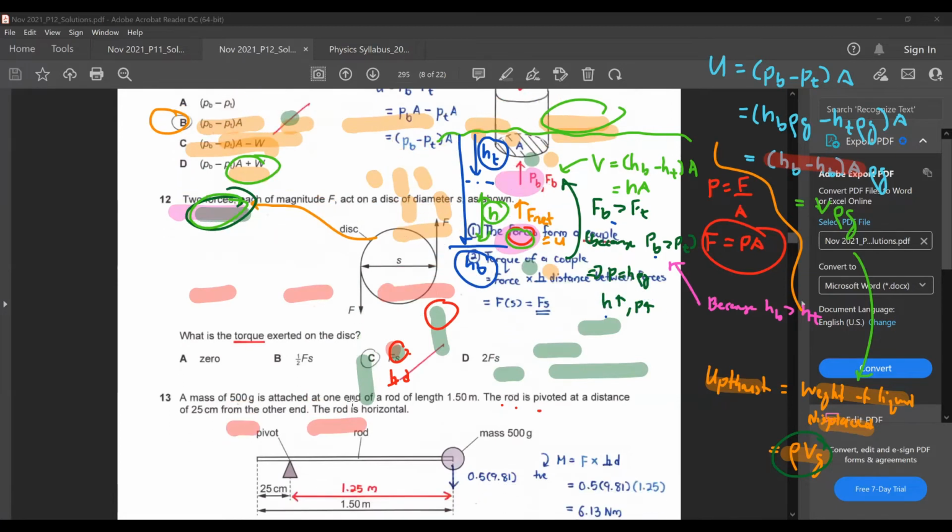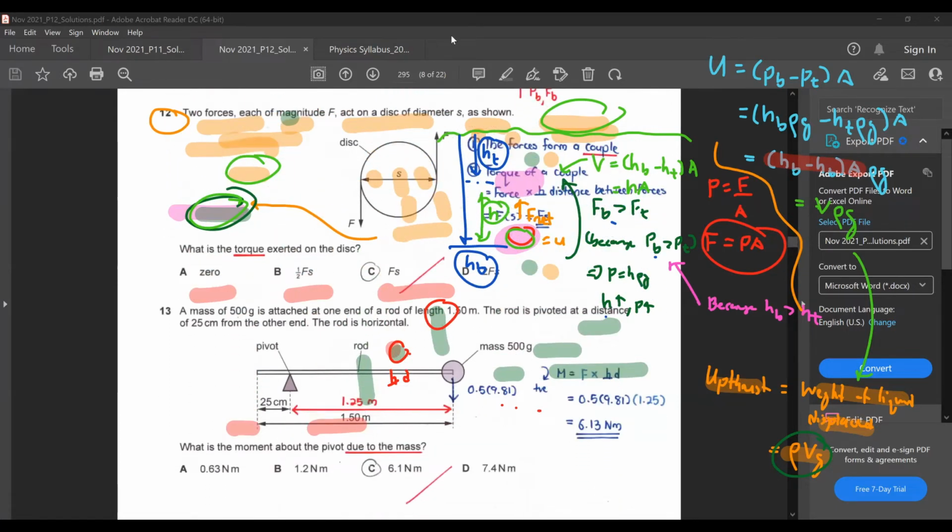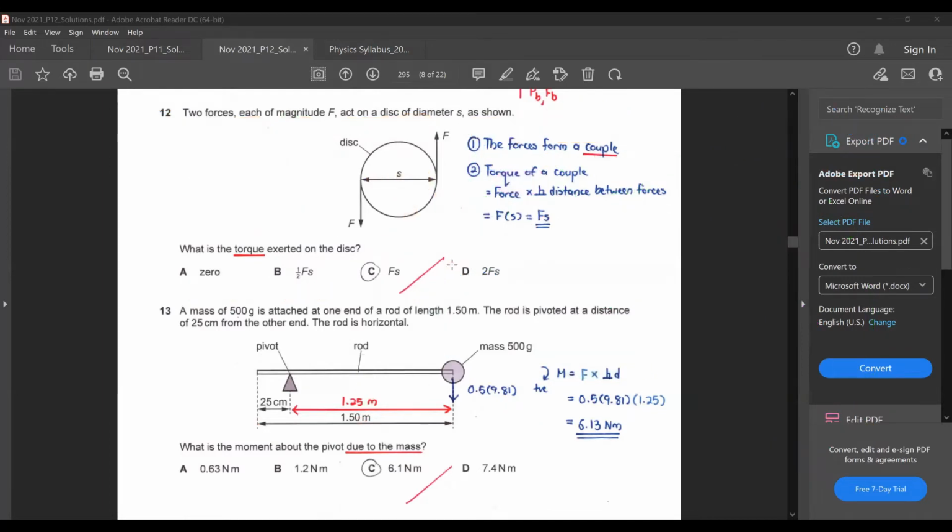This one is straightforward. Now we move on to number 13. Number 13 says that you have a mass of 500 grams attached to one end of a rod of length 1.5 meter. The rod is pivoted at a distance of 25 centimeters from the other end. The rod is horizontal.